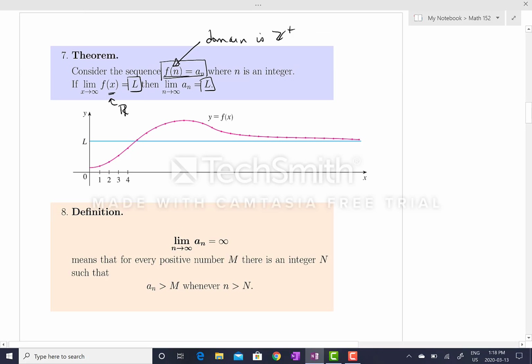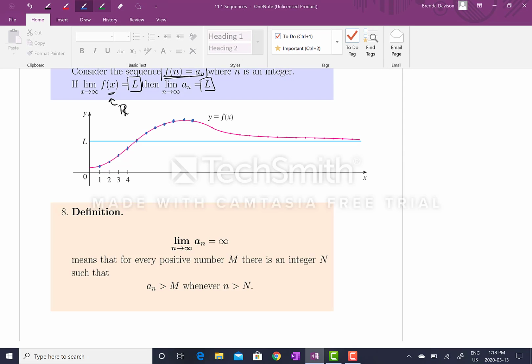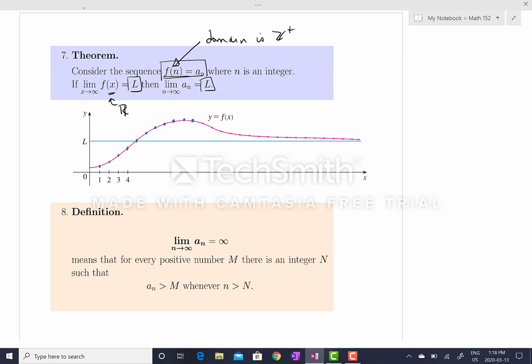Okay, here's our sequence. We have the values of our sequence like that, and we're perhaps curious what the limiting value is. And we have all these values like that. What we can do is then say, you know what, we're going to define a function which is the same on the integers as our sequence, but is also defined in between the numbers. So that would be this red line here.